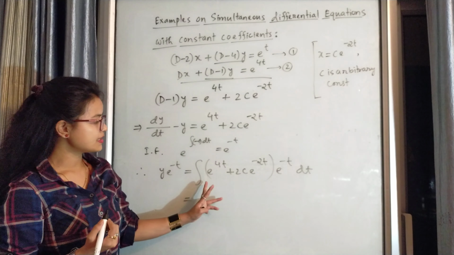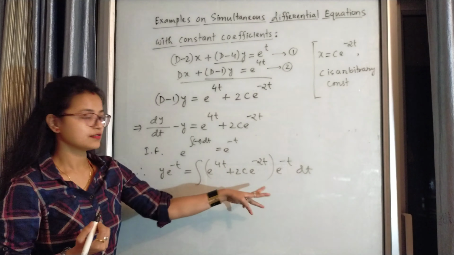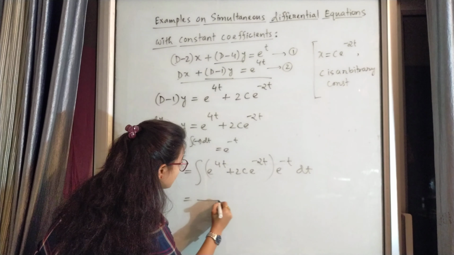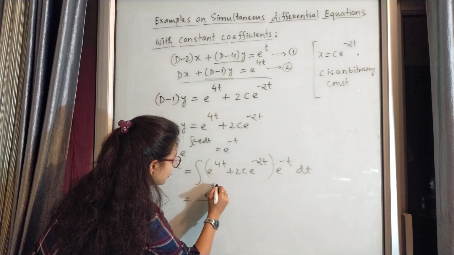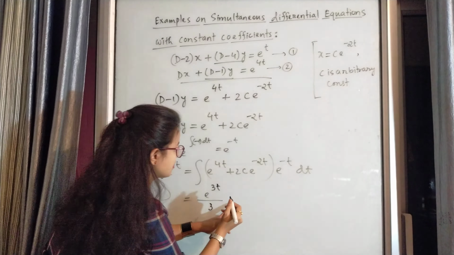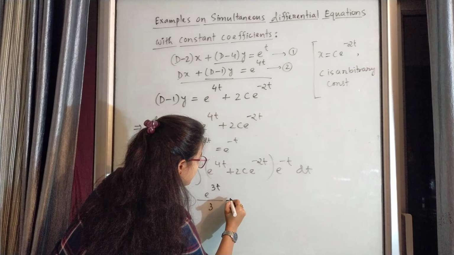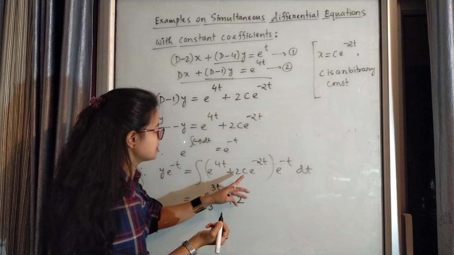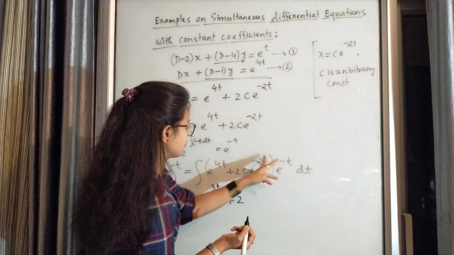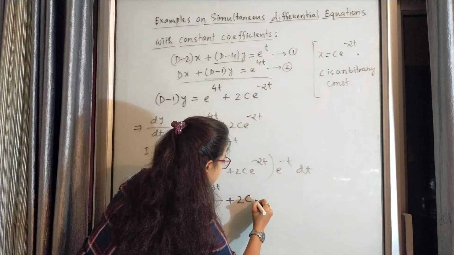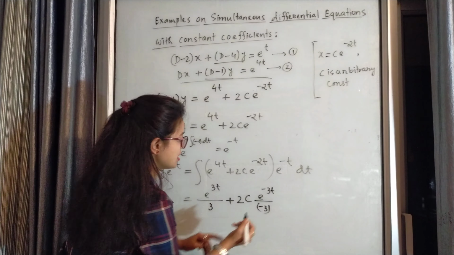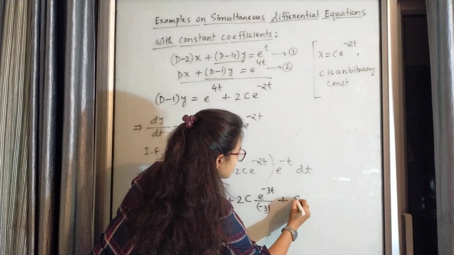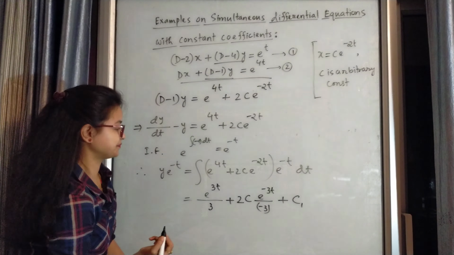Now easily we can integrate this. Here 4t minus t giving 3t gives e^(3t)/3, plus 2c e^(-3t)/(-3), plus a constant of integration, say c1.